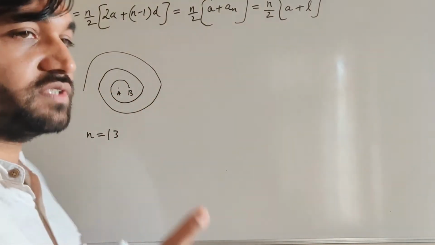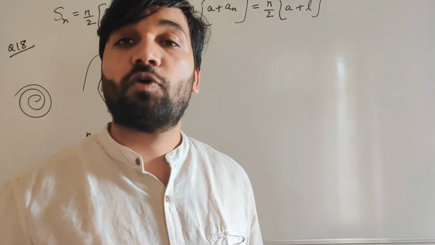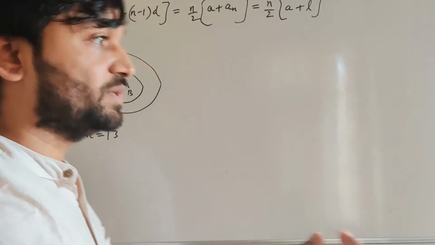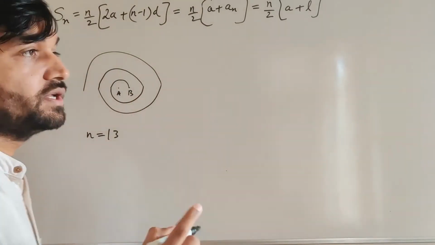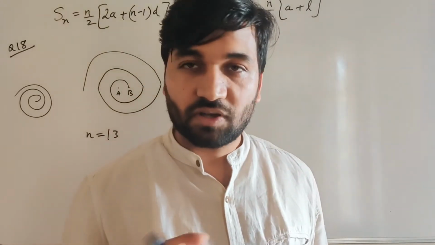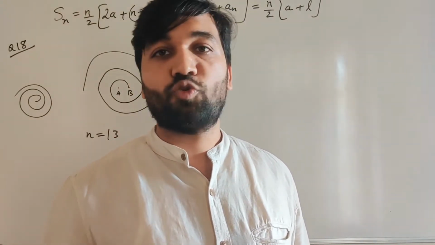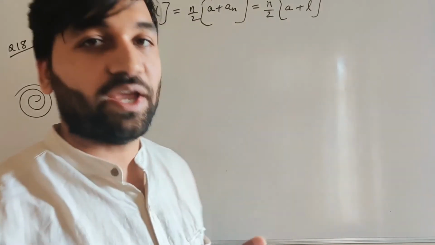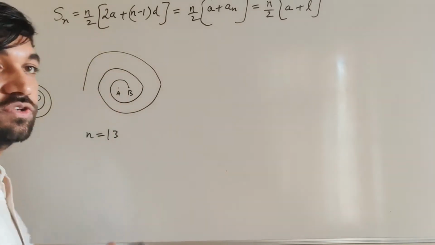So if you observe, this length of the spiral is nothing but, they're talking about circumference of the circle. These are semicircles here. Okay, this is a semicircle, this is a semicircle. See, for a circle, the circumference is given as 2 pi r. For a semicircle, 2 pi r by 2 will give you just pi r. So pi r is a circumference for each of them.